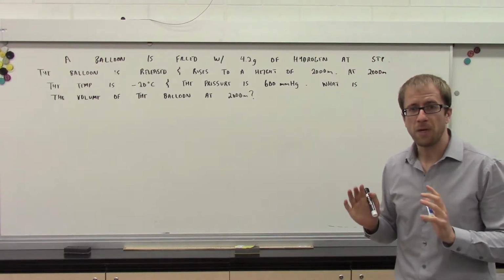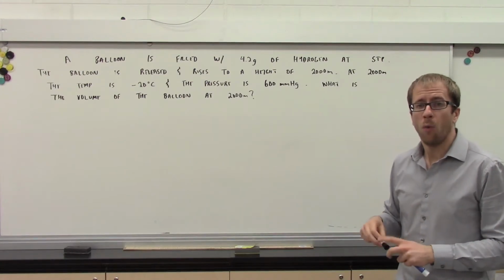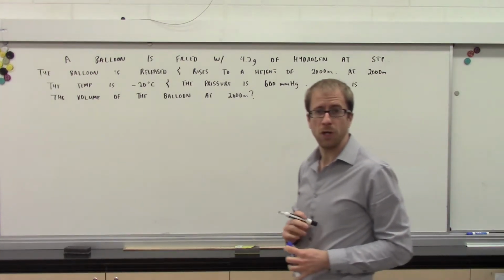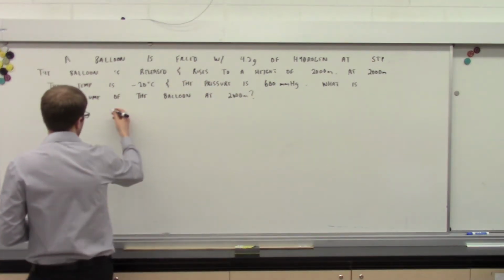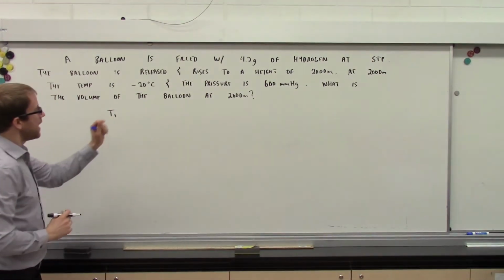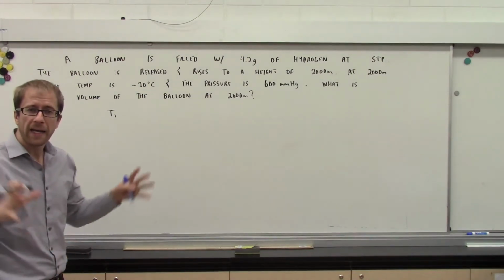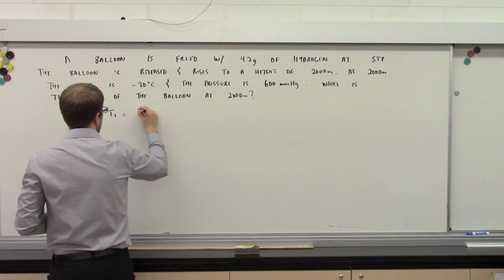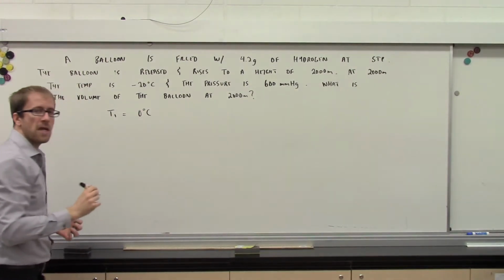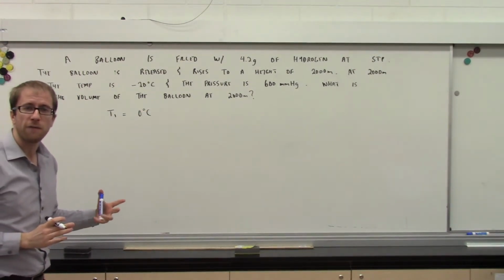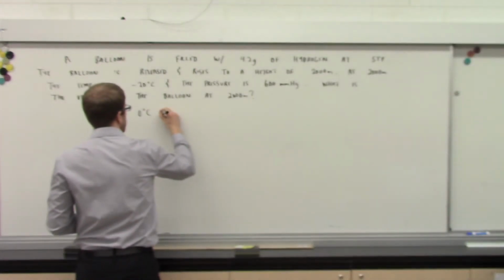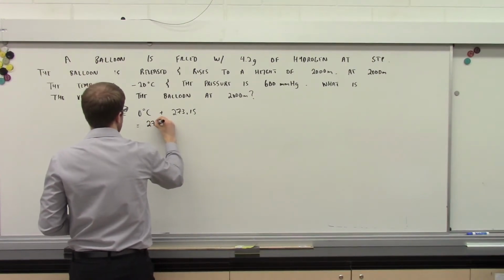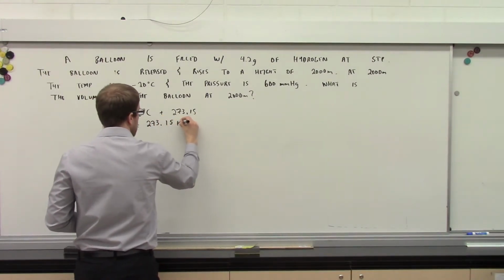So let's write down what we know. Initially, what is the temperature that our balloon is experiencing? Remember, it was filled at STP. So at STP, what is our temperature? Well, it's 0 degrees Celsius. And let's save ourselves a little bit of heartache right now. Let's convert this into Kelvin. So that's going to be 273.15 Kelvin.